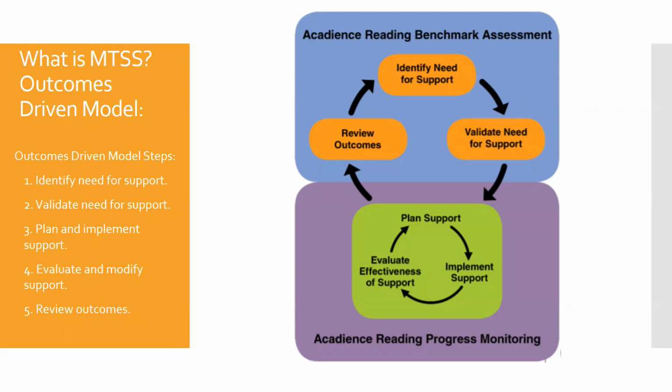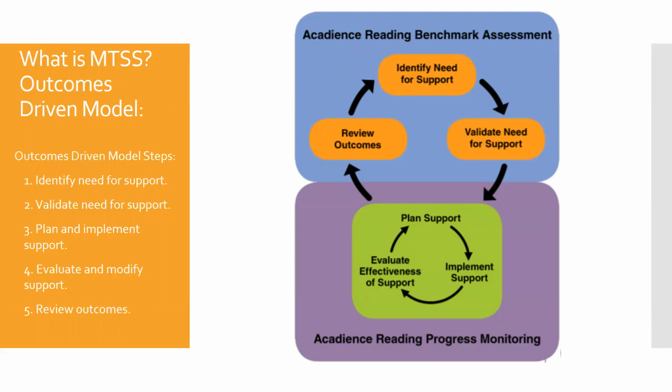So that comes when you give your benchmark assessments to your students in the fall, the winter, and then again in the spring. And after you identify the need for support, we validate the need with those benchmark assessments, seeing where they're at on their assessment and also having conversations with their classroom teachers on what they're seeing in the classroom.